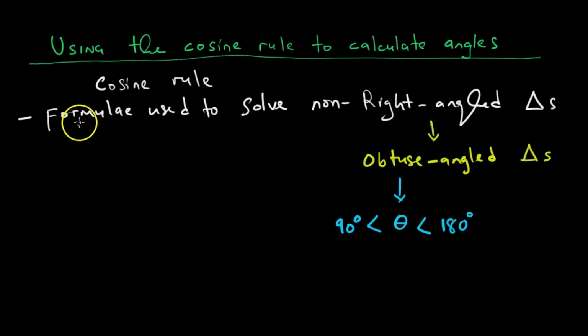So, looking at the cosine rule, we should know that it is used to solve either a side or an angle. The formulas differ depending on what you want to solve.